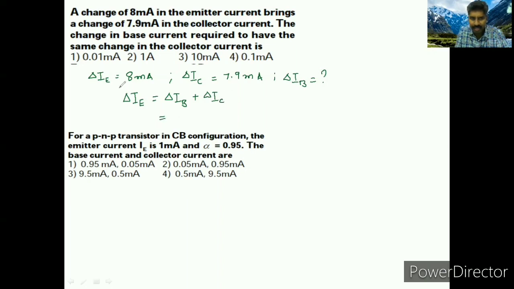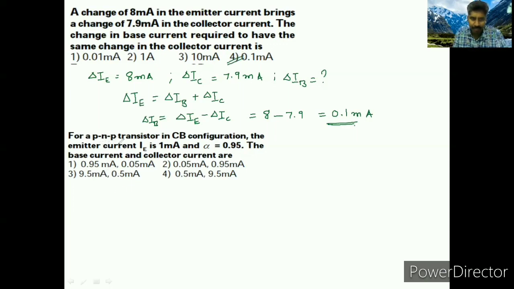So the change in the base current is equal to the change in the emitter current minus the change in the collector current, which is 8 milliamps minus 7.9 milliamps, so 0.1 milliamps is the answer. The fourth option is correct. Next problem we will see.